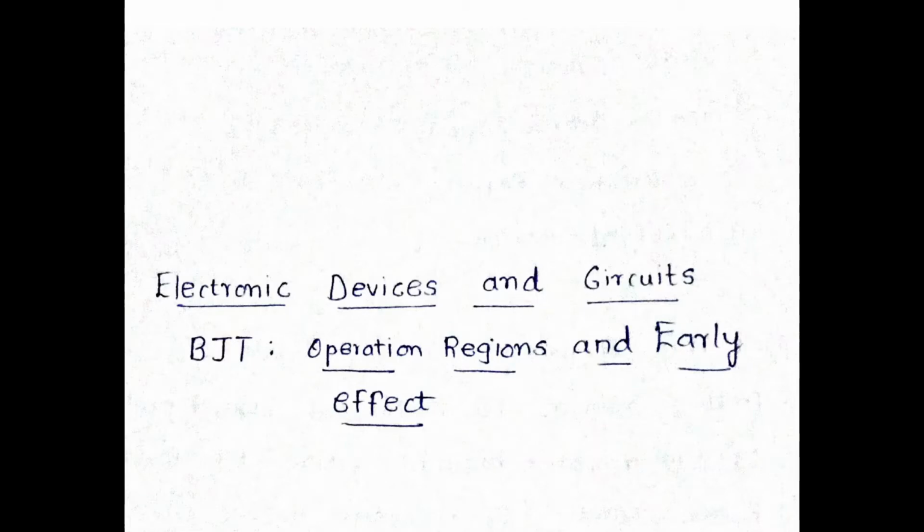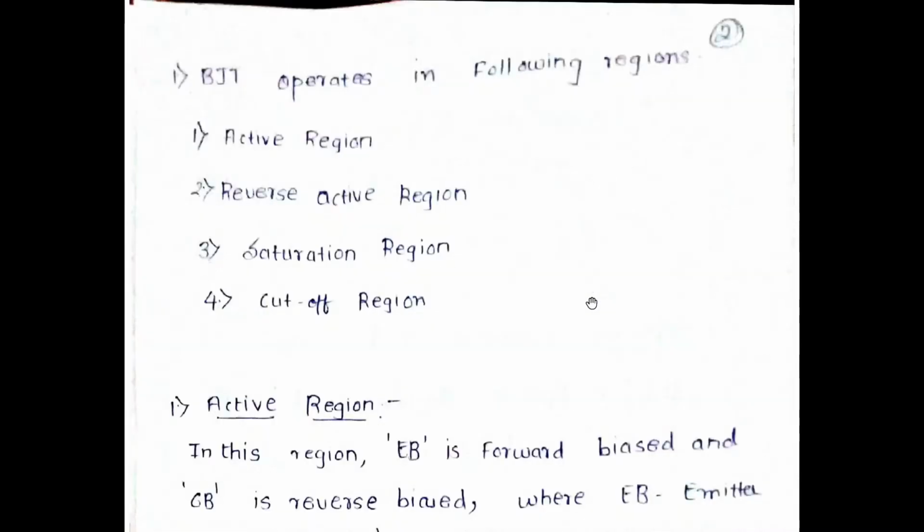The next topic that we'll be learning today is going to be the early effect. Already video lectures are uploaded on my YouTube channel in the electronic devices and circuits playlist, wherein we have spoken about different regions in BJTs like the active region, reverse active region, saturation, and the cutoff region.